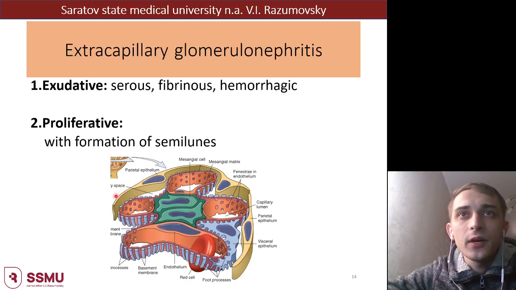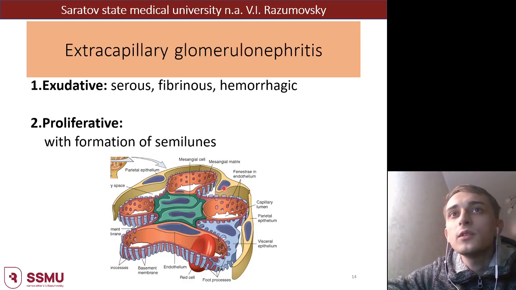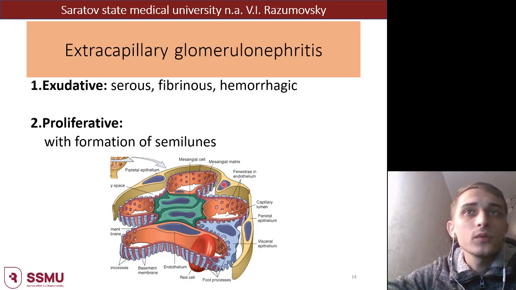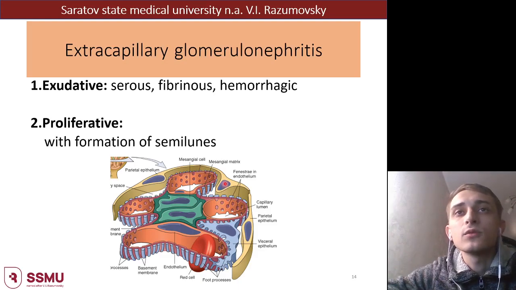Extracapillary glomerulonephritis will localize in this short part of the glomeruli, but this small area of localization will have a lot of problems and will lead to really big troubles with the health of the patient. It may be serous or exudative, and exudative forms may be serous, fibrinous, and hemorrhagic, depending on the type of exudate which accumulates in this place.